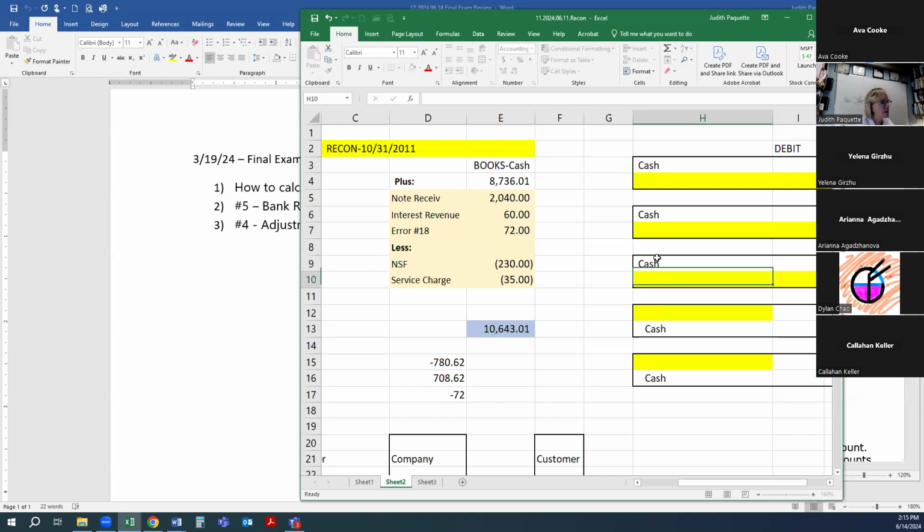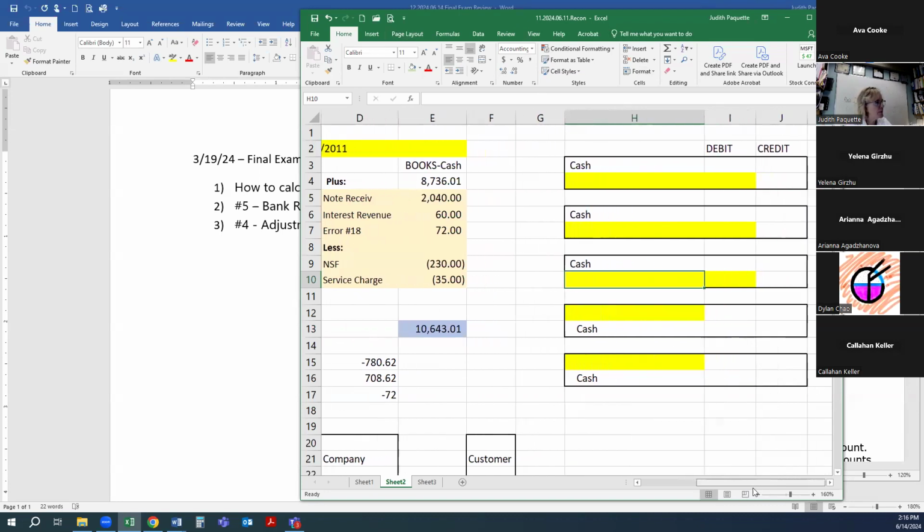Okay. So step 1, do the bank reconciliation. Step 2, do the journal entries for the book side, all for cash. So we know the dollar amount, 2040 plus 60.